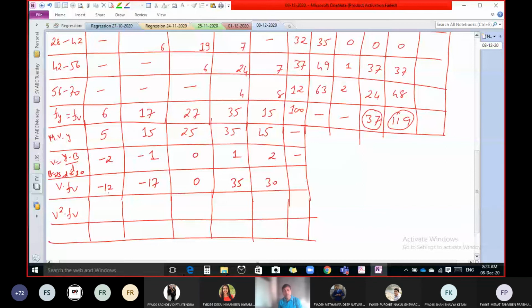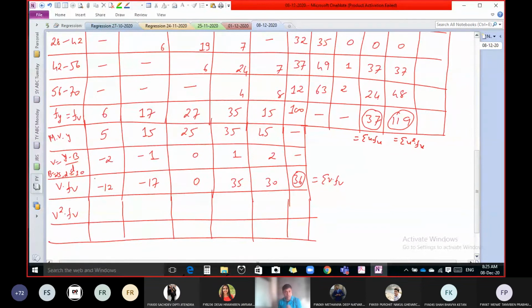Now add these values. So here we get 36. This is the total, sigma v into fv. And this 37 is sigma u into fu. This is sigma u square into fu.